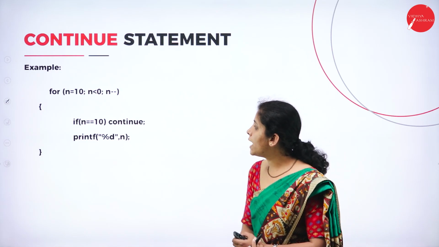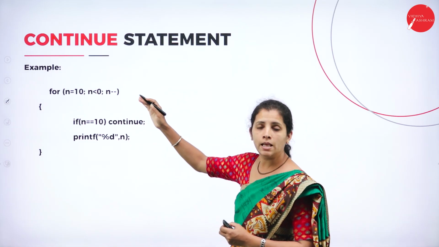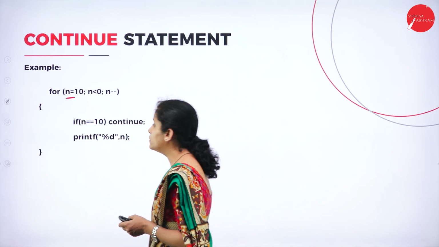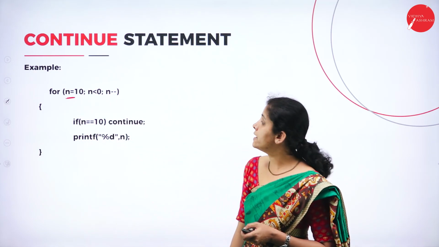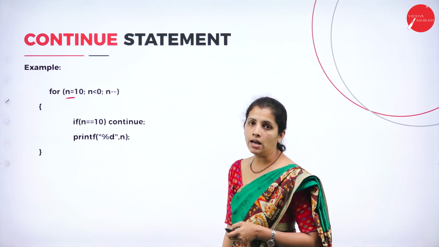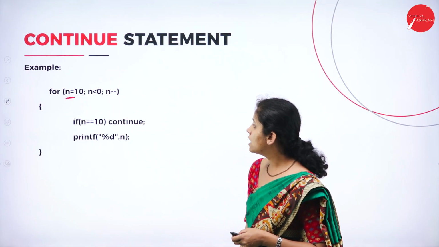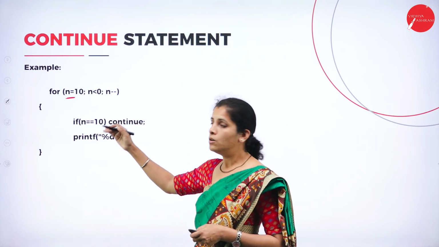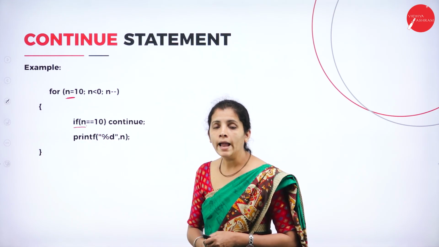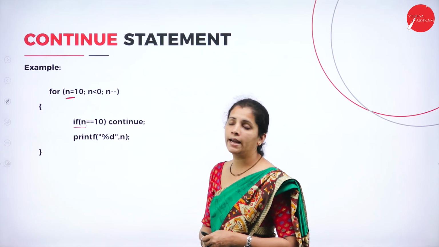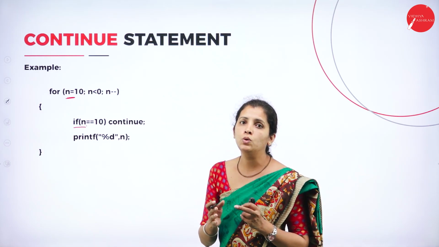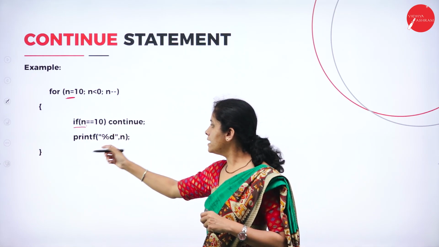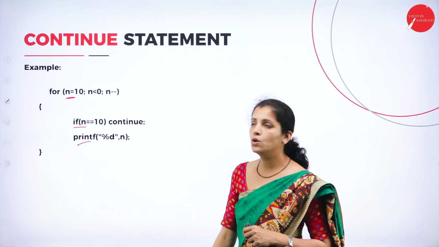Now I'm going to have a small snippet here. n equal to 10, n greater than 0, n minus minus, and I want to continue my for loop. So when n equal to 10, I just want to skip that iteration and I'm going to print the n value.